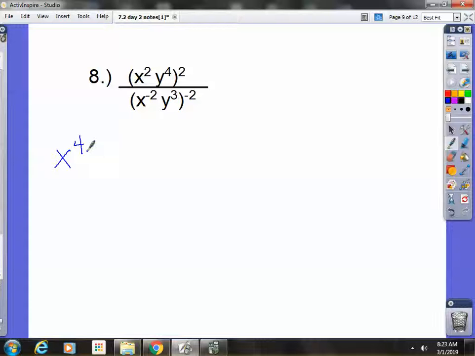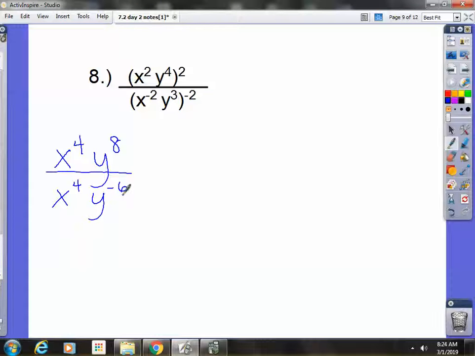Power to power, we would multiply, y to the 8th. Now, in the denominator, I have a negative exponent. Who cares? Just deal with it, right? What is negative 2 times negative 2? Positive 4. Y cubed to the negative 2 power. 3 times negative 2? Negative 6. So no big deal if we have a negative exponent. We're just going to deal with it, take it in stride.